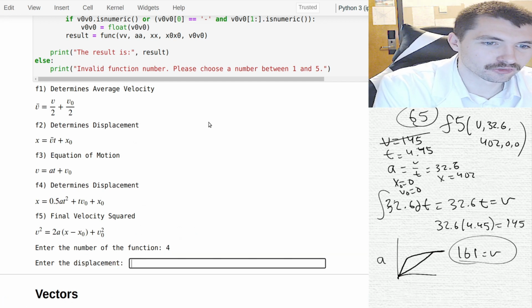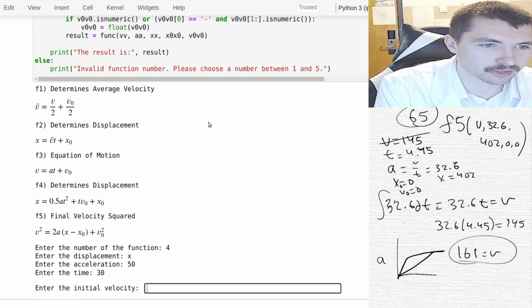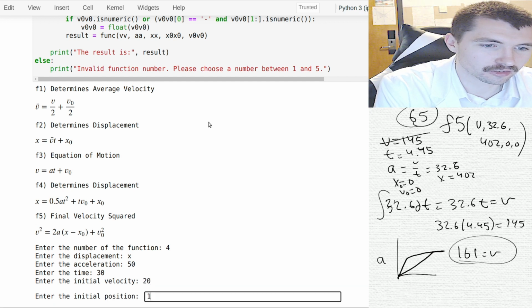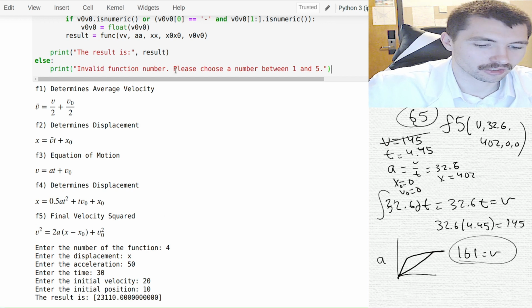Let's try equation 4. Displacement. Let's solve for x. So we're on 50 meters per second squared for 30 seconds, starting at 20 meters per second, starting at 10 meters. So we're going to go this distance, okay?